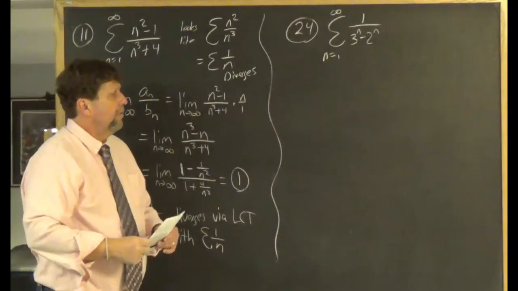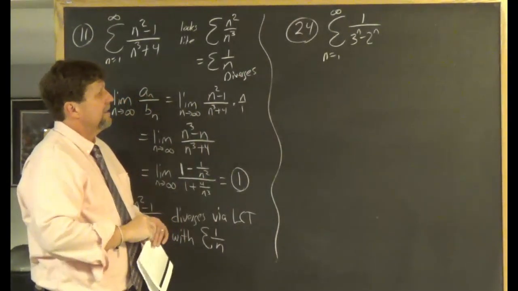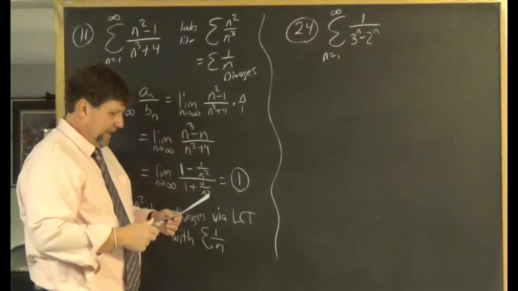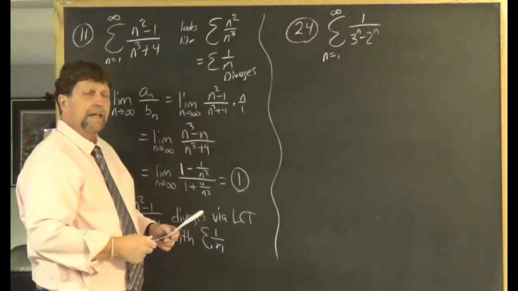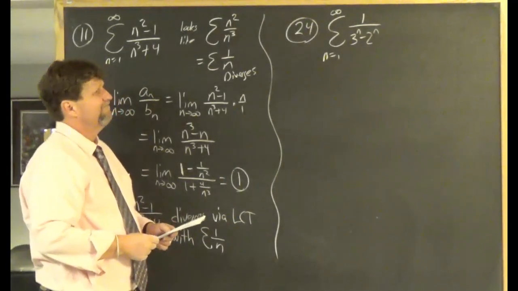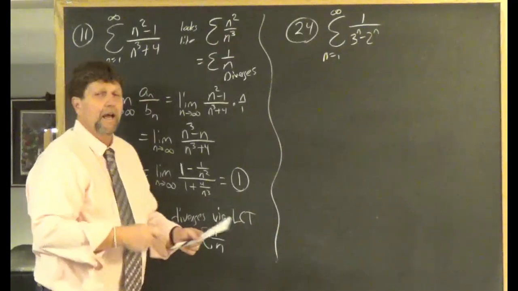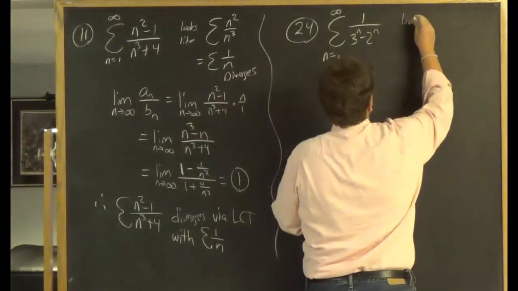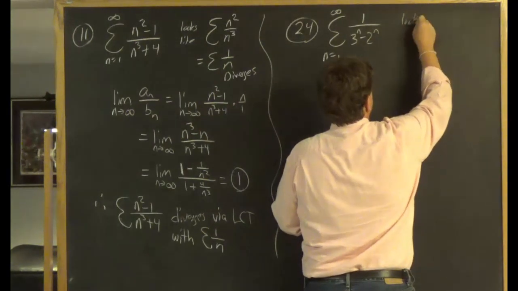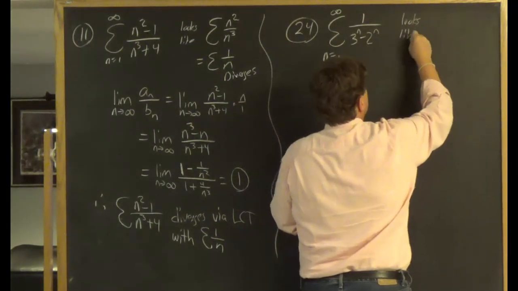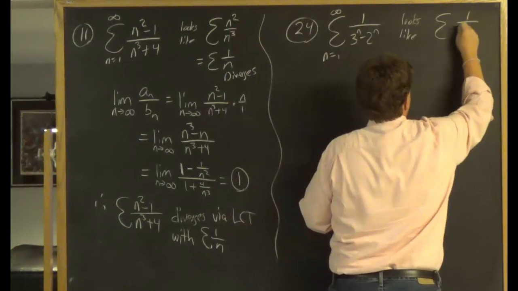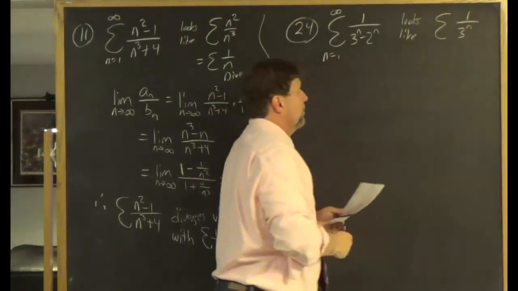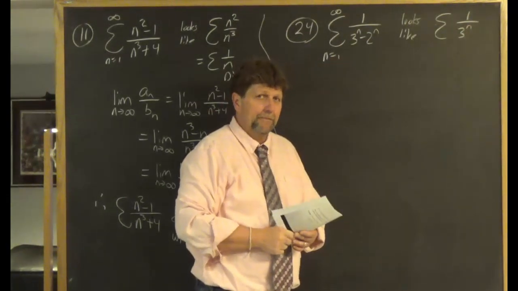So let's look at 24. Here you have the series n equals 1 to infinity, 1 over 3 to the n minus 2 to the n. I think here it's a little different. I'm going to compare it to 1 over 3 to the n.